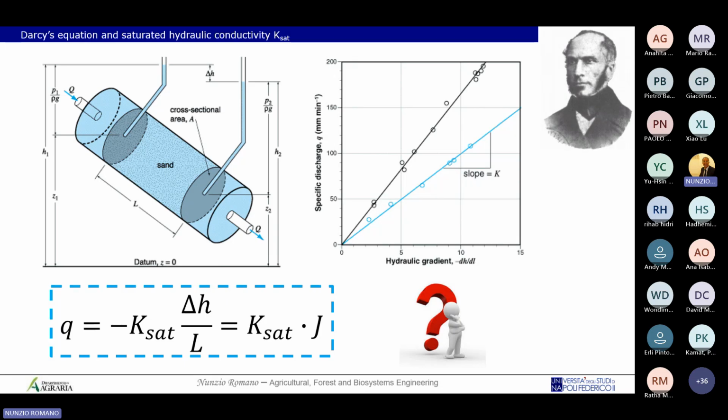The slope of this line is just the hydraulic conductivity, and this is a way to measure the saturated hydraulic conductivity in a porous system, and this is what we do in our lab in a certain way.